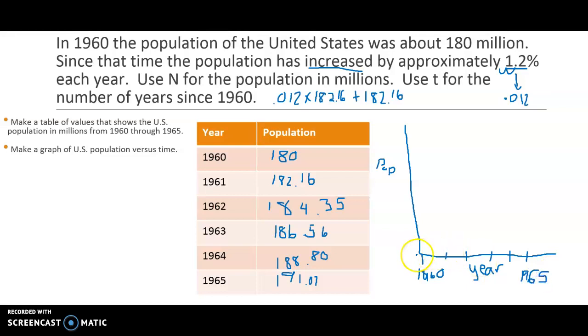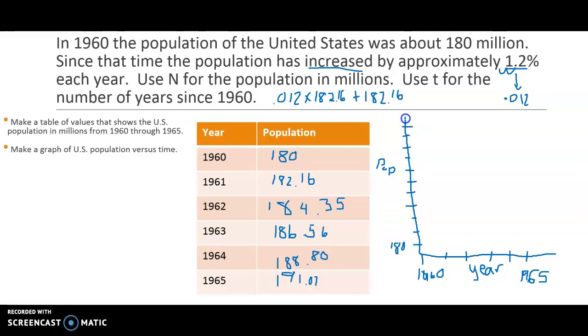All right. I do not have to start this axis at 0, just like I did not start this axis at 0. So I'm going to start right here. And it looks like we go from 180 to 190. So we'll start with 180 right there. 81, 2, 3, 4, 5, 6, 7, 8, 9, 10.